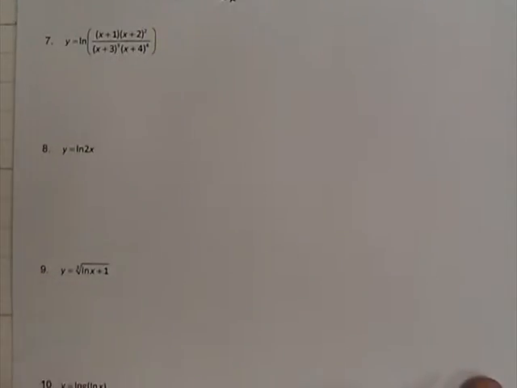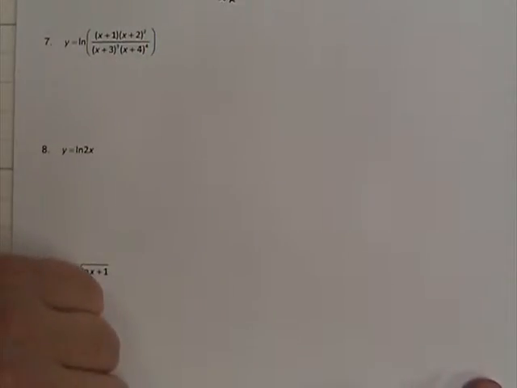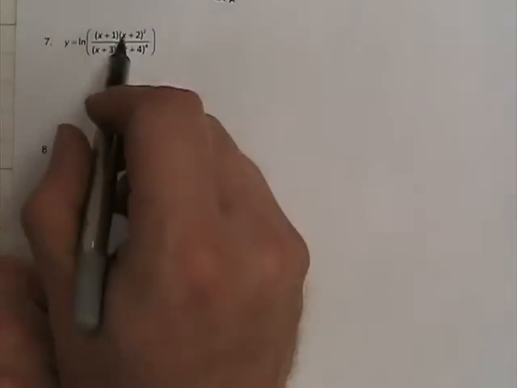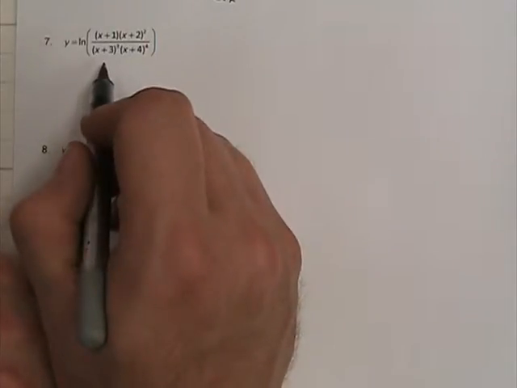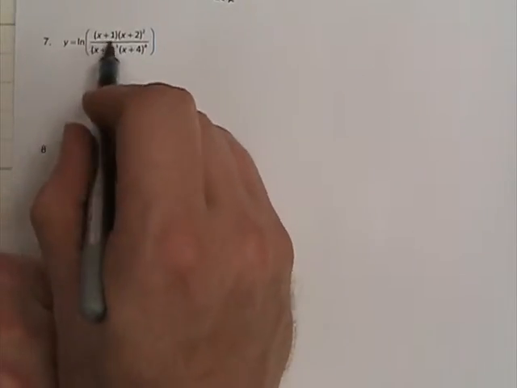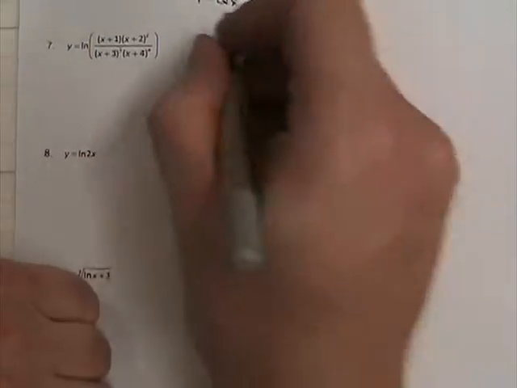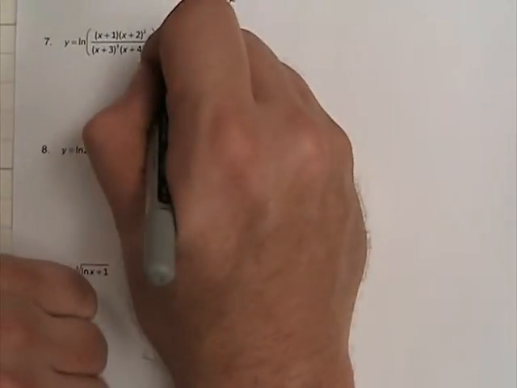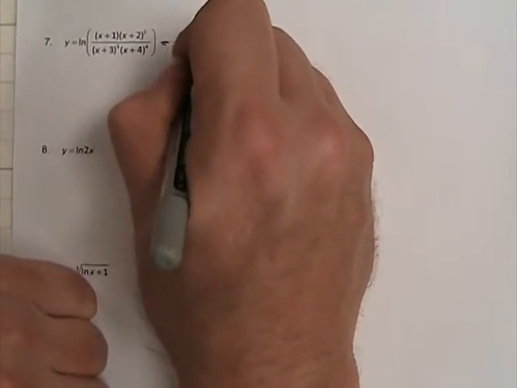Okay, next problem. Properties of logarithms. Remember, logarithms turn multiplication into addition, move exponents down, and turn division into subtraction. So you can really break this complicated expression into something pretty simple.